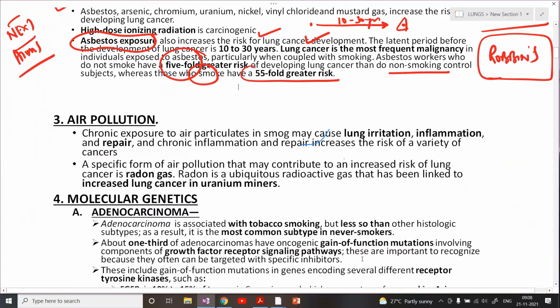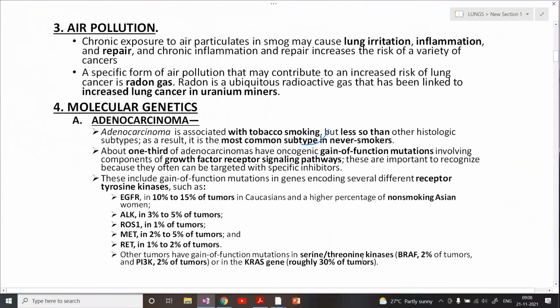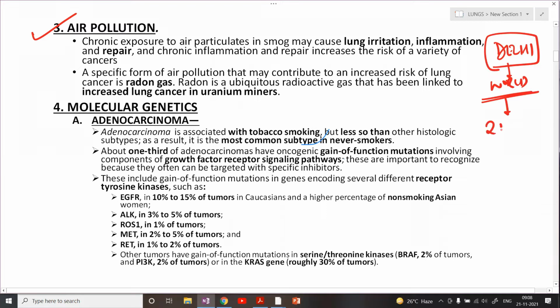Okay. The third important factor is air pollution. If you know, Delhi is one of the most polluted cities in the world, not in India, I'm talking about the world. And I don't know the exact dates, but in the past week, I had read a news that Delhi had gone into a complete lockdown.